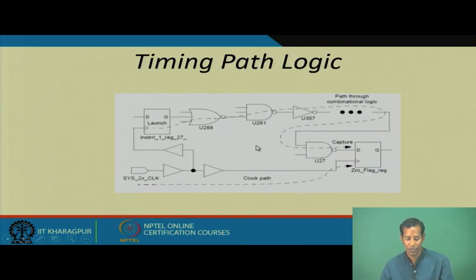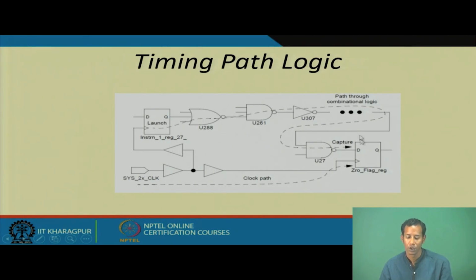Then again, consider another example where I have the system clock. Now, this is going through one D flip flop, then again with some logic, it is going to another flip flop, and this particular path is either bypassed or passes through the buffers.